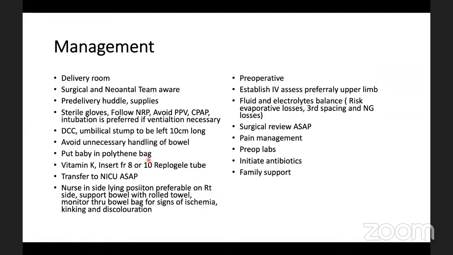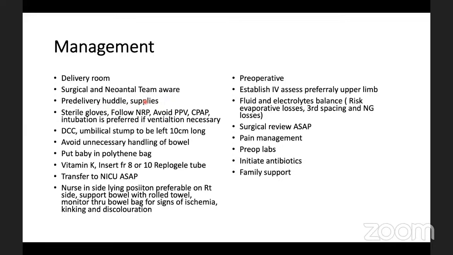Whenever a baby with a suspected omphalocele or gastroschisis is planned to be delivered, it is better to alert the surgical and the neonatal team. It is important to do a pre-delivery huddle and make sure that the supplies are available, especially the wet gauzes and the polythene bag. Sterile gloves should be available.